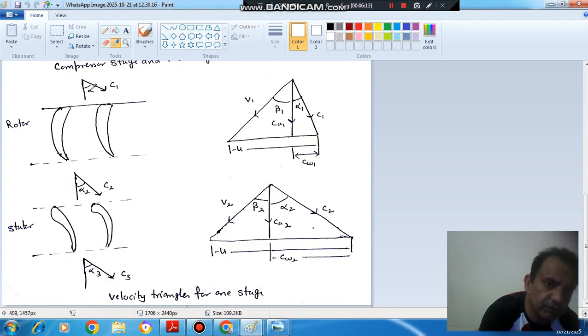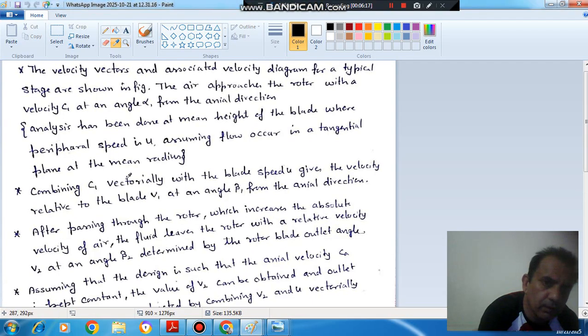So this is C1 and alpha 1. Analysis has been done at the mean height of the blade where the peripheral speed is U, assuming flow occurs in a tangential plane at the mean radius. Next point, we are taking the mean radius for calculating this.